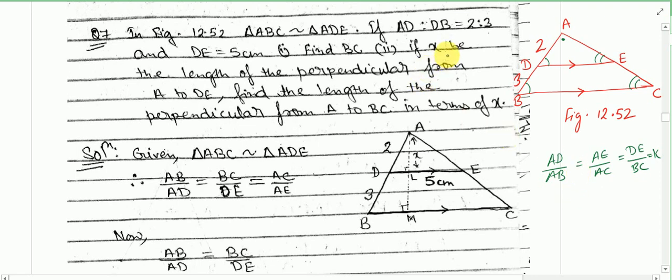And further they are saying that AD is to DB is 2:3 and DE is equal to 5 centimeter.